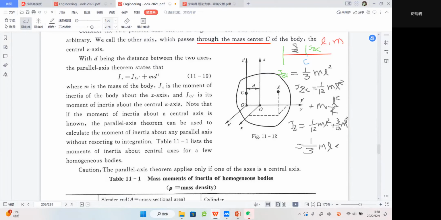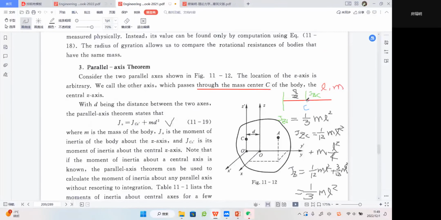So we find this is very important. You only need to know a body's moment of inertia about an axis through its mass center.